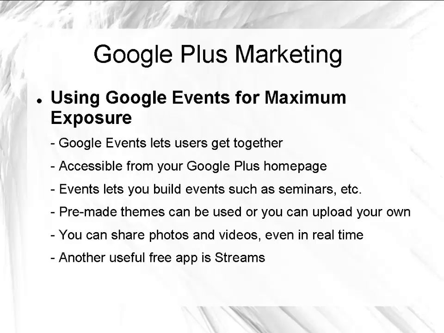Another useful app, Google Plus Free Streams, lets you keep up with your business, your competitors, and other topics of interest to you with the click of a button. You can set up permanent RSS-type feeds directly on your Google Plus homepage for any topic you want.